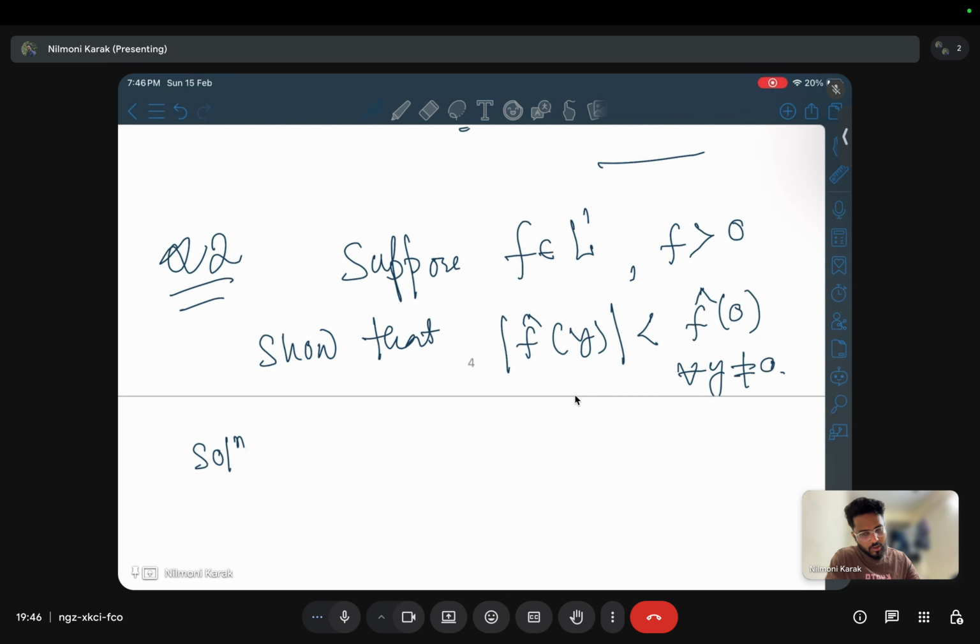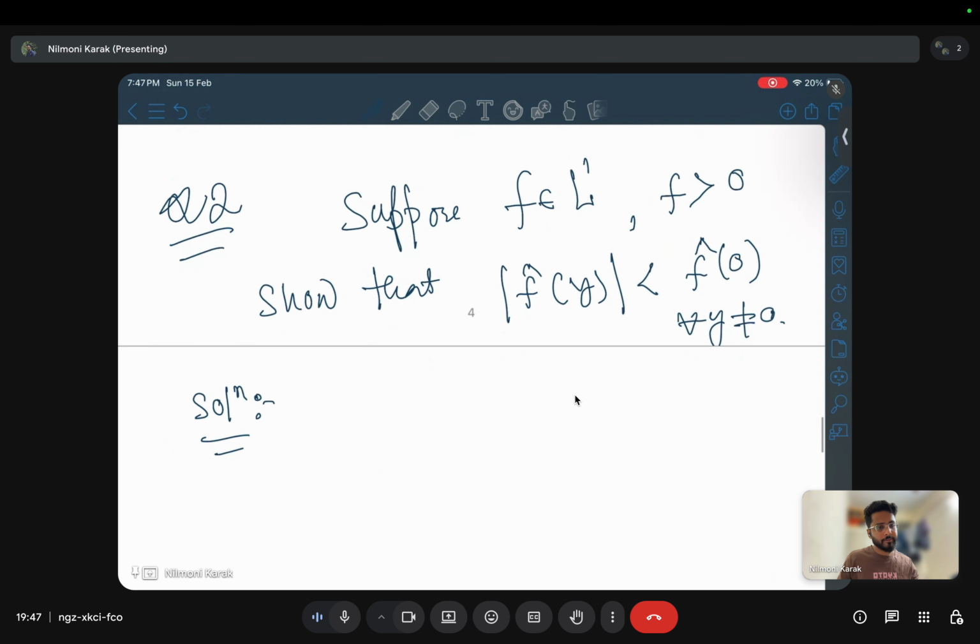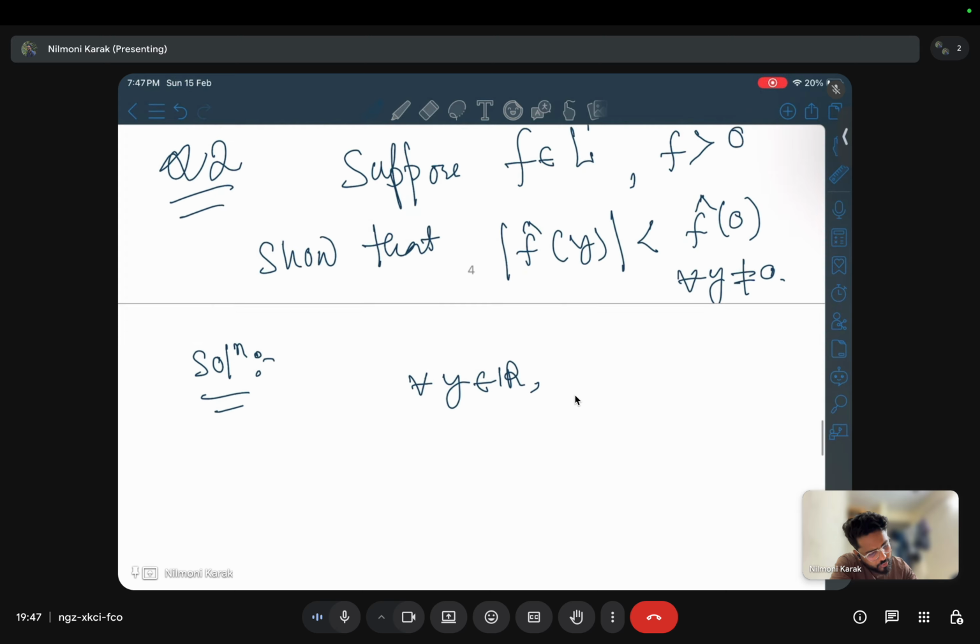Okay, solution. Let us solve this. For all y belongs to R, it is true, right?